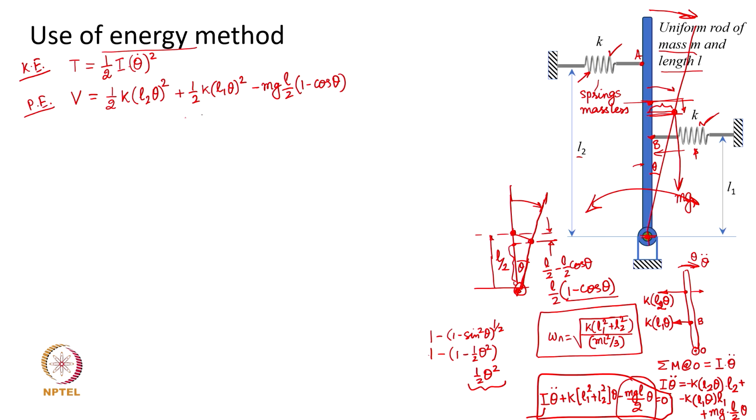And then I can rewrite this as half k L2 theta square, or maybe I can write this as half k L1 square plus L2 square theta square minus mg L by 4 theta square, because 1 minus cos theta is replaced with half theta square.